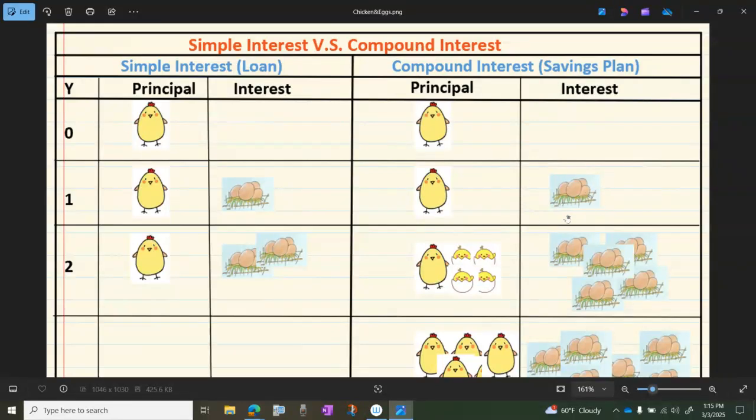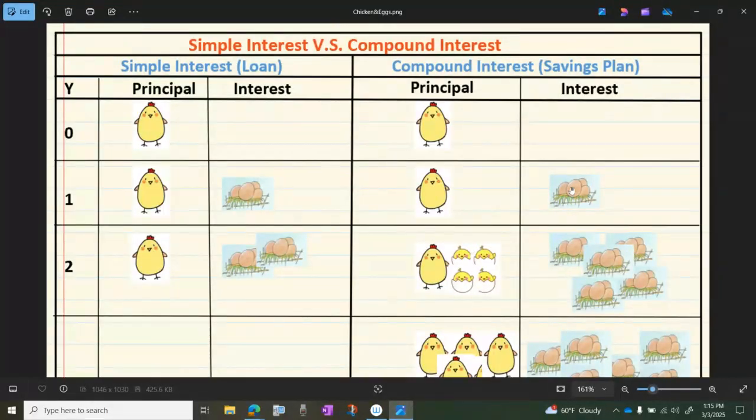Instead of staying as x, in the compound interest case, the 4x is going to turn into chickens at the beginning of year 2. On a farm, if they do not hatch eggs, they will not have more chickens, right?